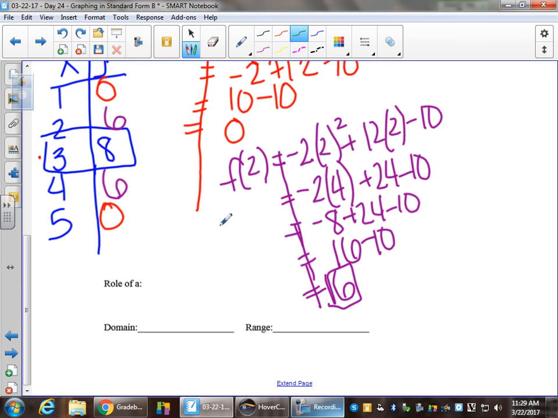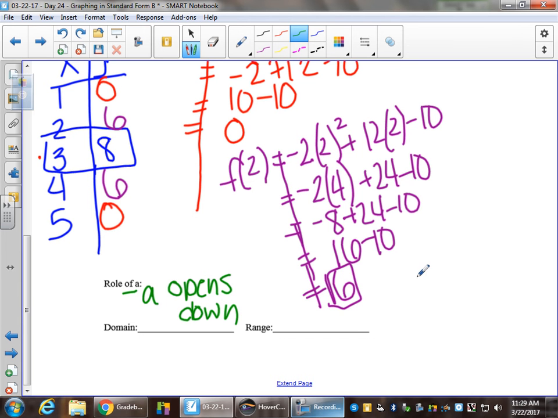Isn't it open? Or is it like a wide? Is A positive or negative first? Oh, it's positive. No, it's negative. So we have a negative A, so what does that mean? Opens down. What else can we say? More wide.